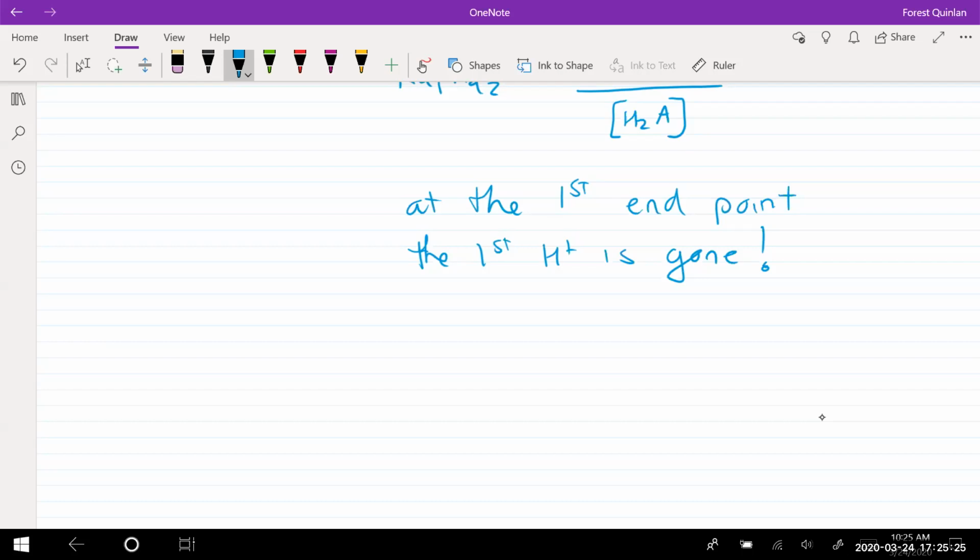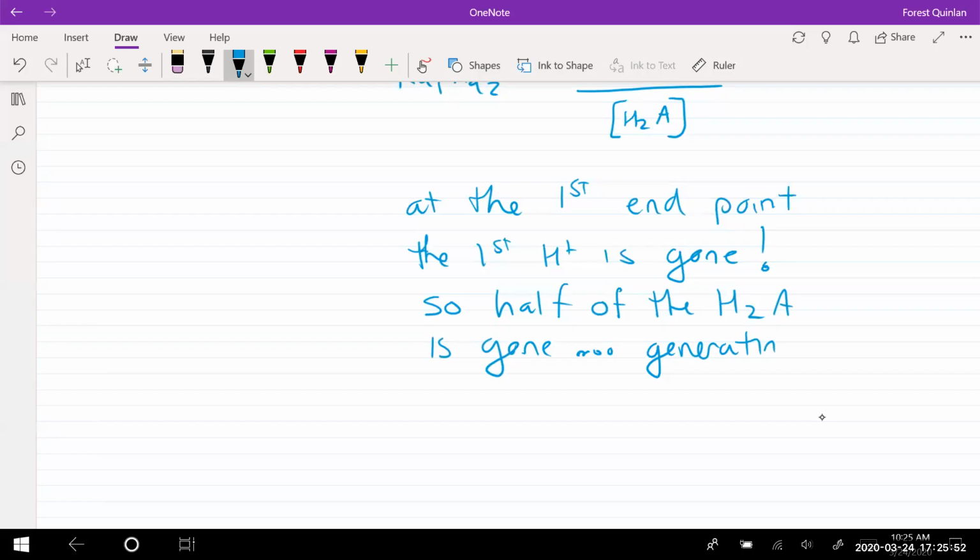That means that for every acid I killed, I also generated that much conjugate base, right? So the first H is gone. So half of the H2A is gone, generating the same amount of A2 minus. You guys with me?